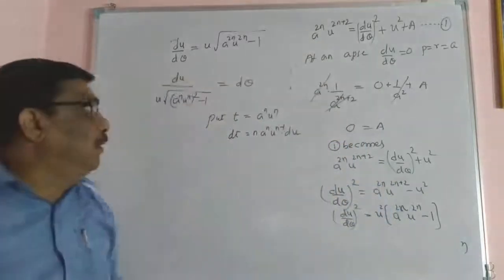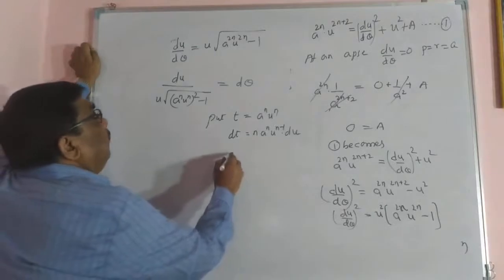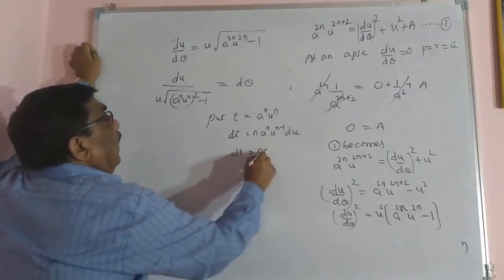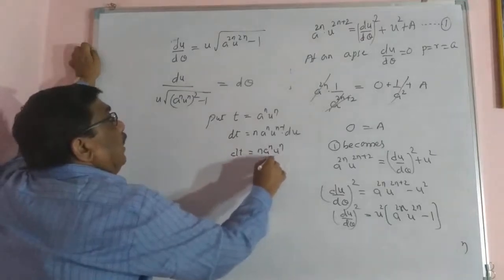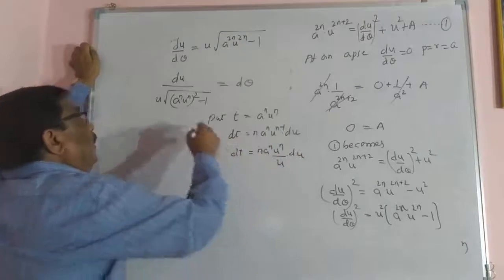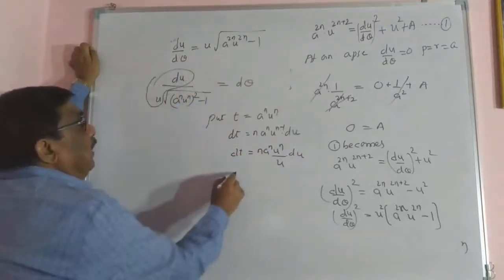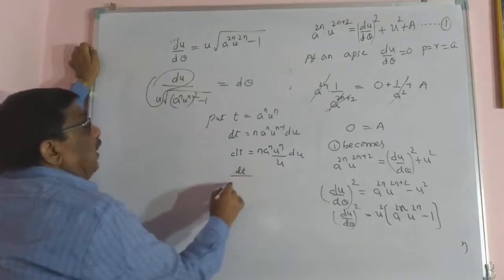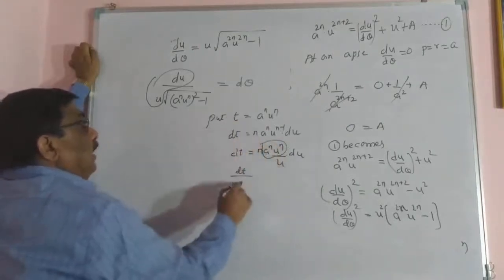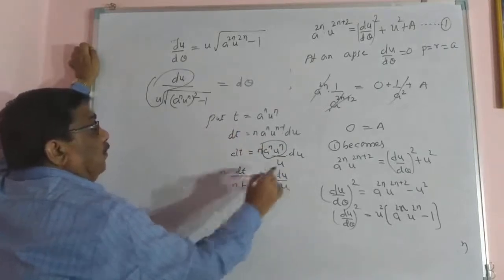Therefore, dt equal to n a raised to n u raised to n divided by u raised to n minus 1 du. This du divided by u can be written as dt divided by n a raised to n u raised to n, this is t, n t equal to du divided by u.